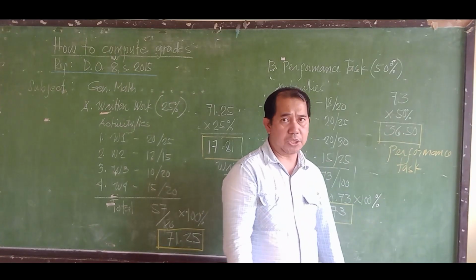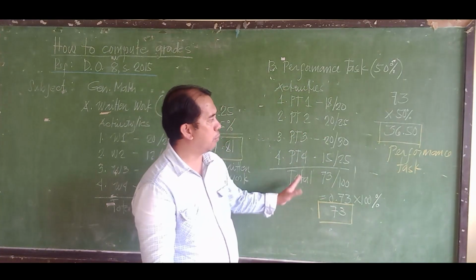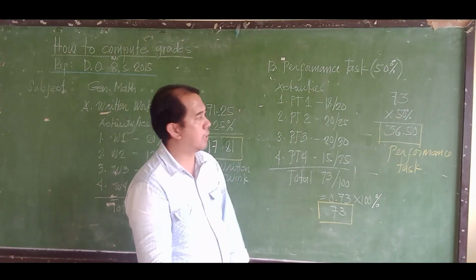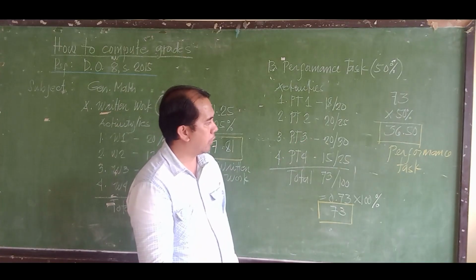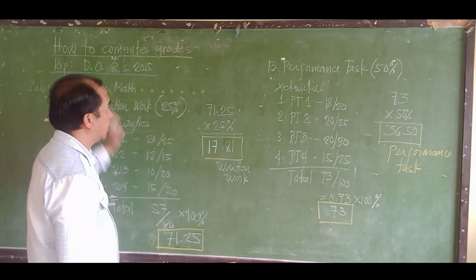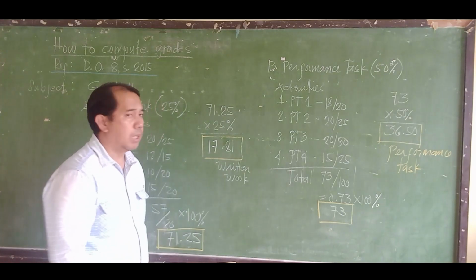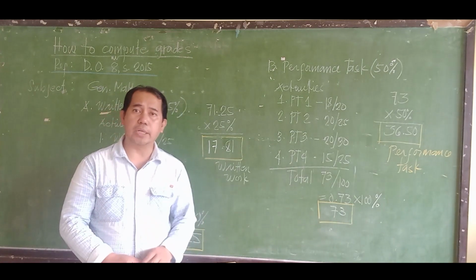That is the same as the weight of the performance task component of the grade. Okay, so 50%. So that is for the written and performance task. Now the next one would be, of course, the quarterly exam.